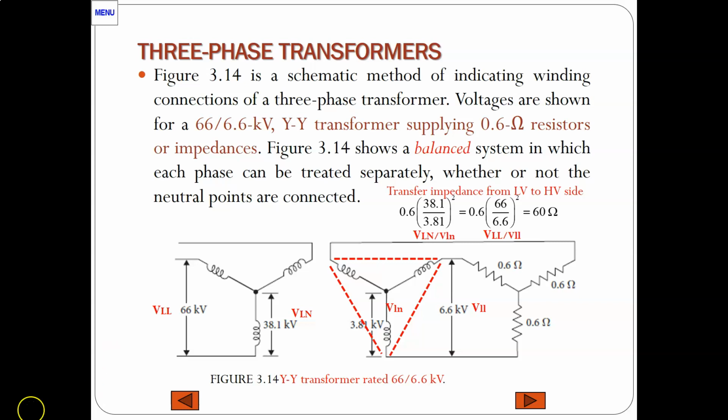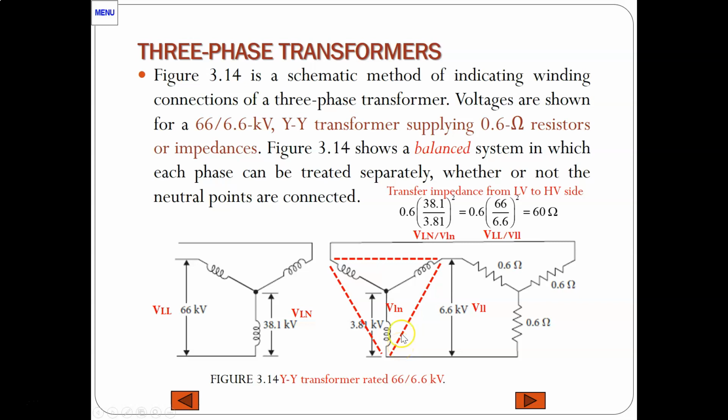If you look down here, the voltage line to line is 66 kilovolt, and the voltage line to neutral is 38.1 kilovolt on the Y connection. Here on the other side we also have a Y connection, but here we have 3.8 kilovolt line to neutral, and 6.6 kilovolt line to line.